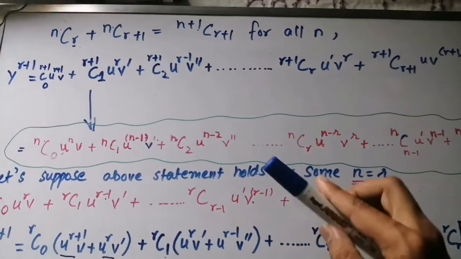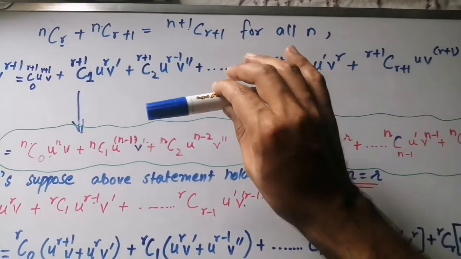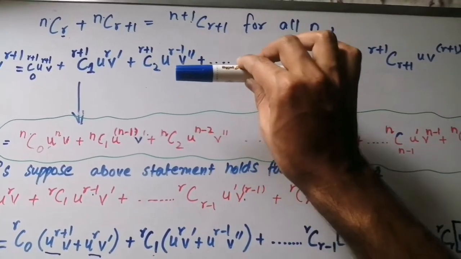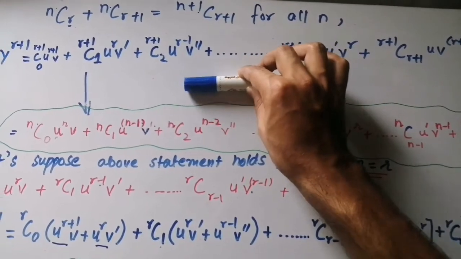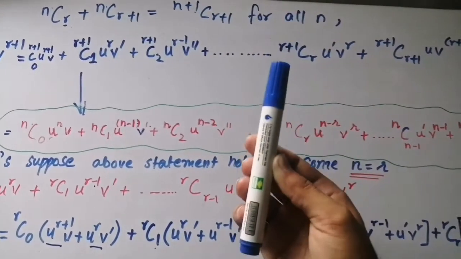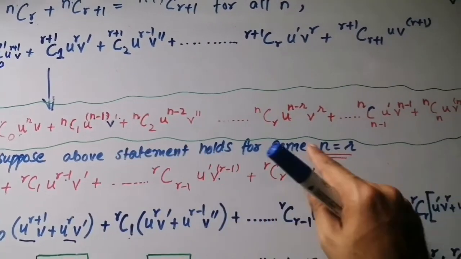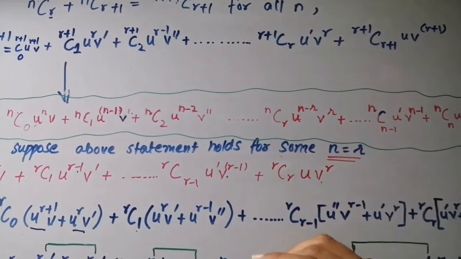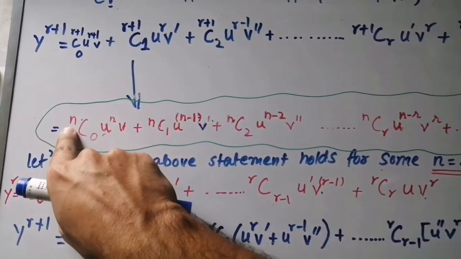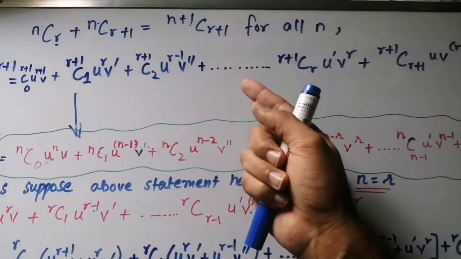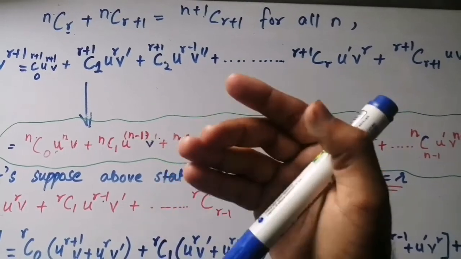Now you can see that after differentiating and simplifying, we are getting exactly the same result that we got from the Leibniz theorem. Like here it is, that green circle part is basically our Leibniz theorem for some nth derivative. You can see that n is appearing here, as we are proving for the r plus 1th iteration, that is, you may say, r plus 1th derivative.